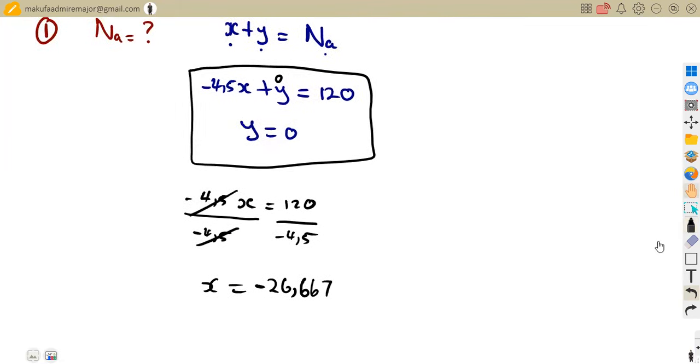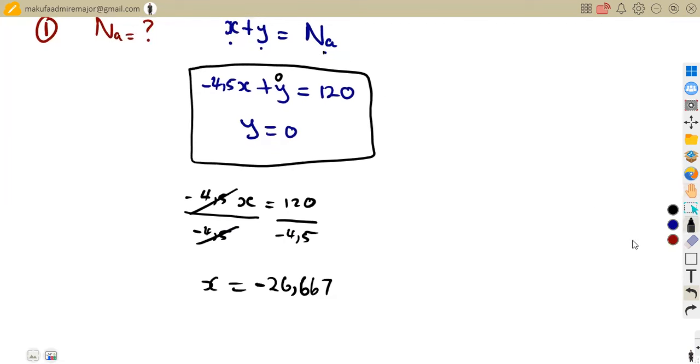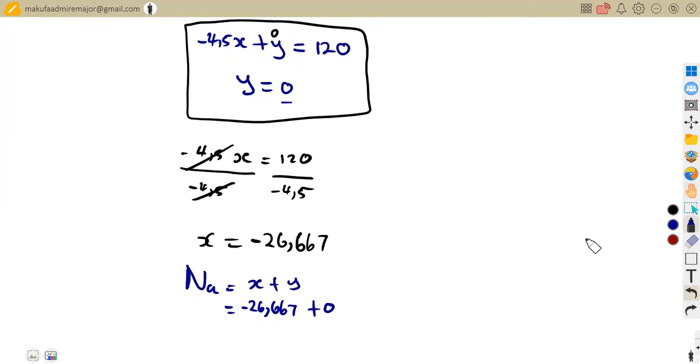Now the speed of G, according to our formula, is x plus y, where x is minus 26,667 plus y. Remember, y is 0. If we add 0 there, we remain with the negative.